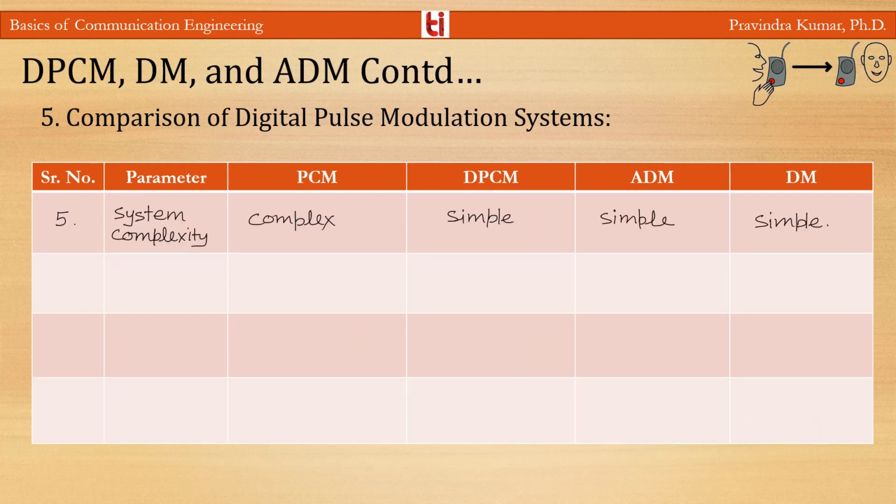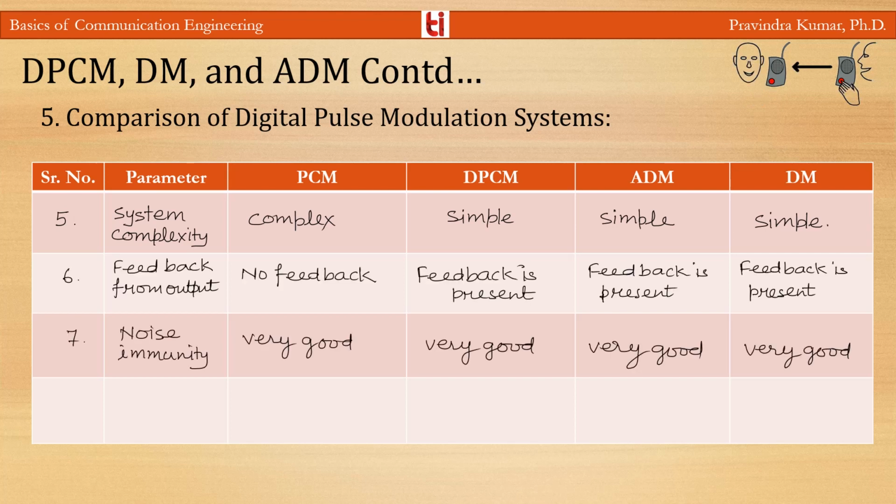Now if we talk about system complexity, PCM systems are complex, whereas DPCM, ADM and DM systems are simpler. And if we talk about feedback from output, in PCM there is no need. In DPCM, ADM and DM, the feedback is present.